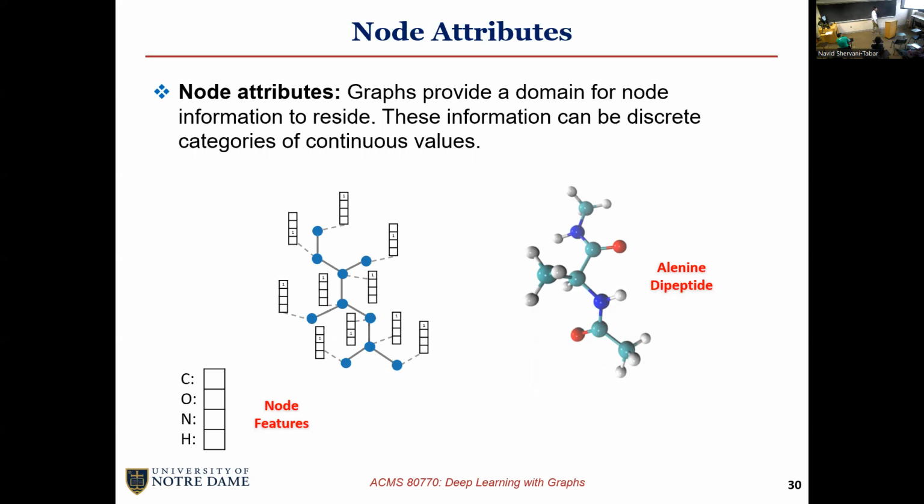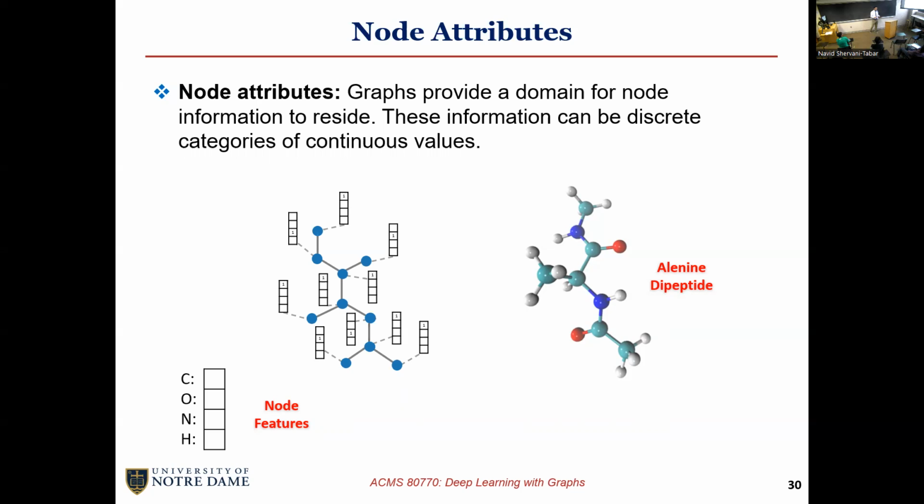So now we have sometimes some information that we want to represent with our graph. Here, for example, we have a molecule, but each node is not representing the same atom. Each one is representing a different atom. So we need to distinguish these nodes.